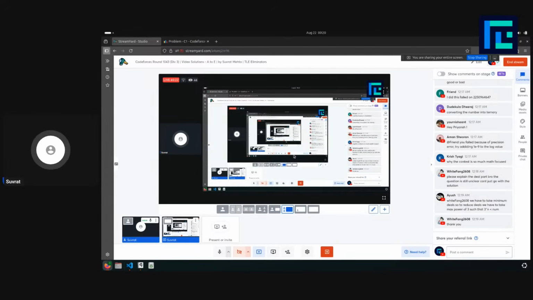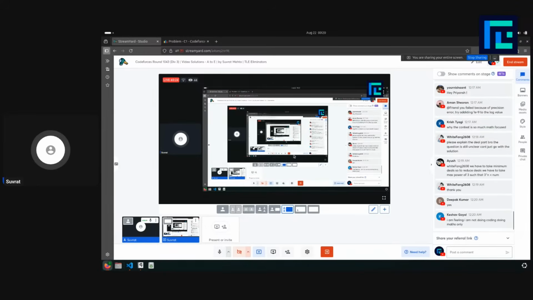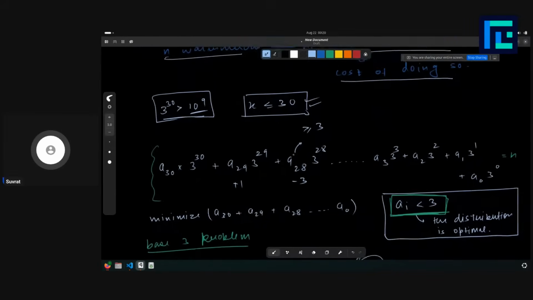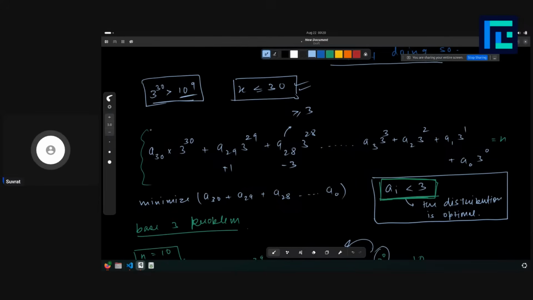Yes, there's another solution in the chat where he's saying that you can take the maximum power of 3 such that 3 to the power x is less than n. So basically that's another way you can find the base 3 representation or ternary representation. Basically you can find this power which is maximum power such that it is less than n.